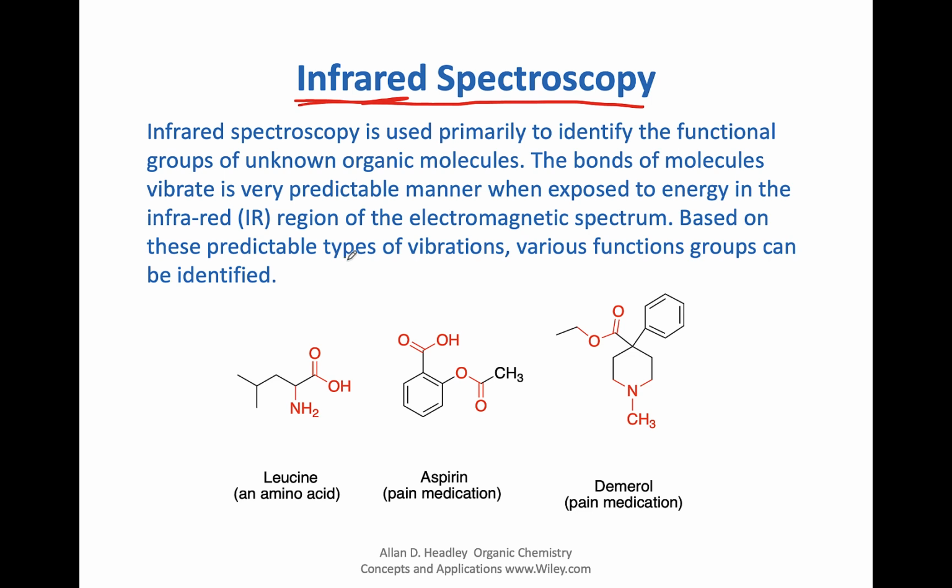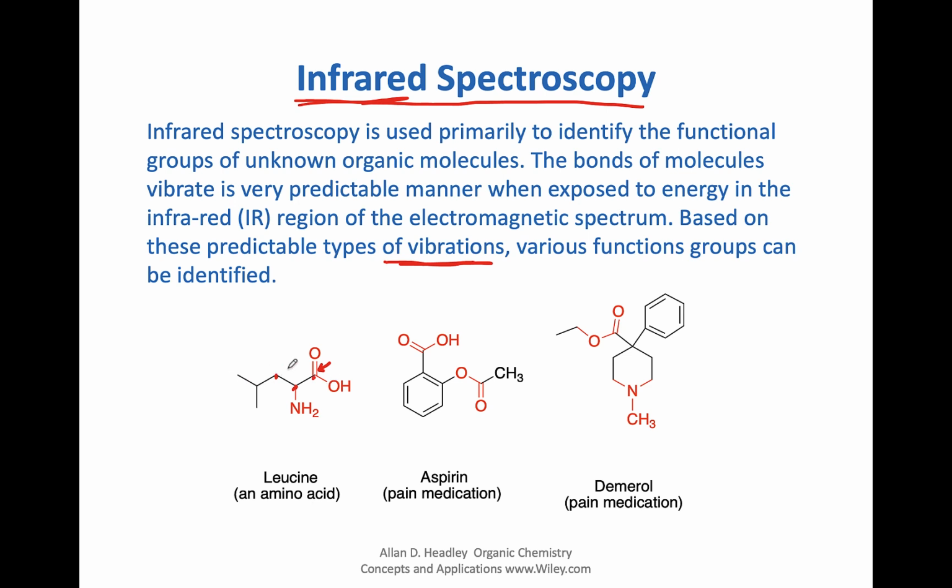In this case, however, it is not electronic excitation, but it is the vibration of bonds. So as you know, here is a molecule down here. All the atoms are connected by bonds. In the region of the infrared energy, these bonds vibrate.